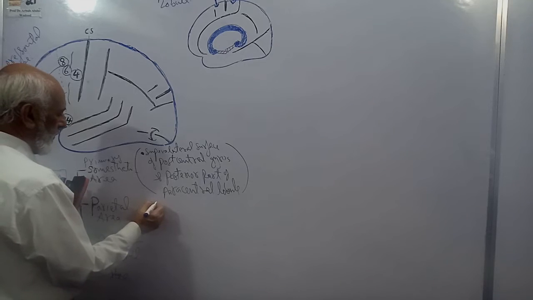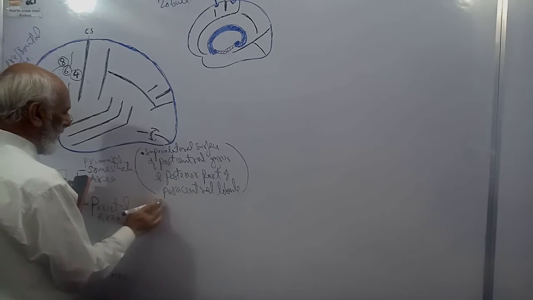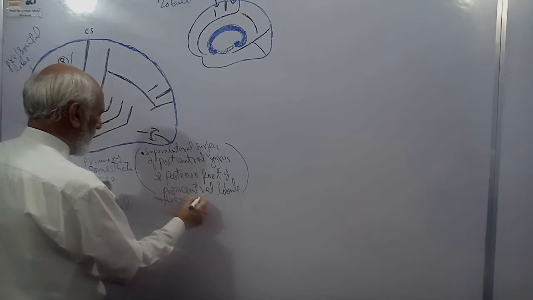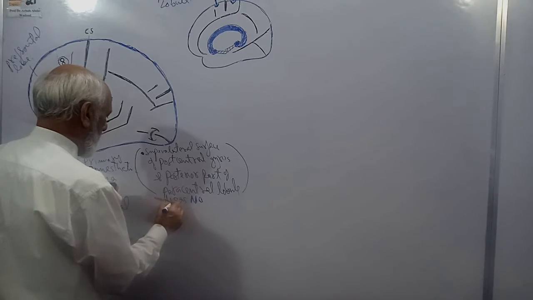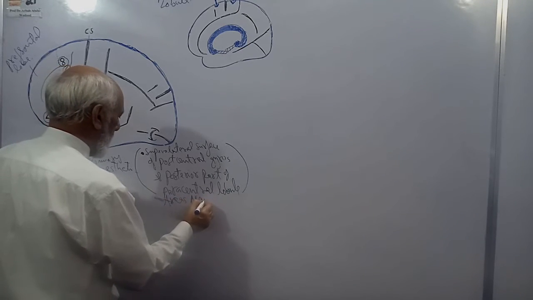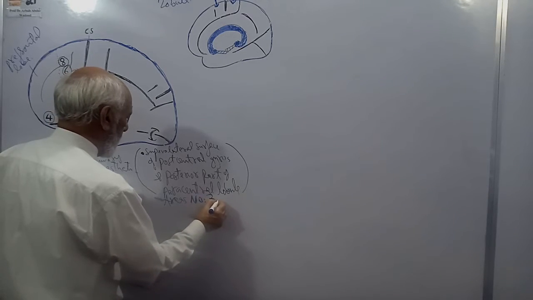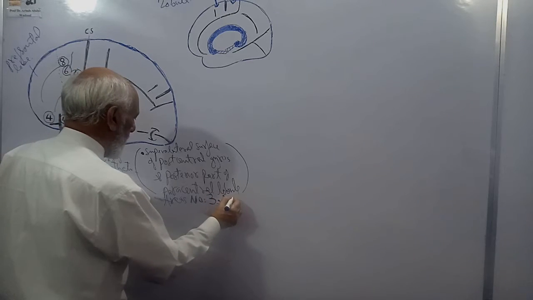Brodmann has numbered it as areas number 3, number 1 and number 2.